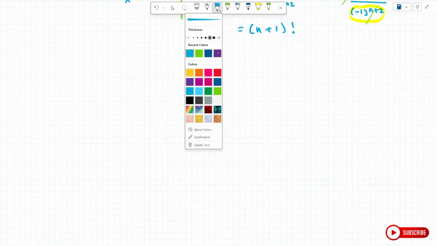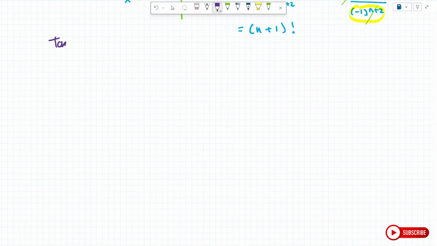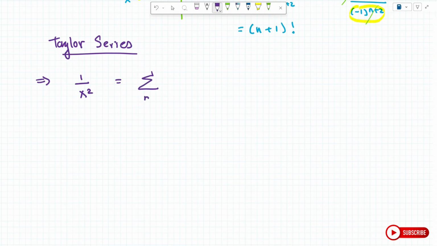So now we want to build our Taylor series. So this is the fun part, because we've already done all the hard work in finding all our derivatives, so we just have to plug it in. So our Taylor series, remember, is our approximation of our function 1 over x squared. So this is equal to the sum as n from 0 to infinity of the nth derivative of f, evaluated at -1, over n factorial, times (x+1) to the n.